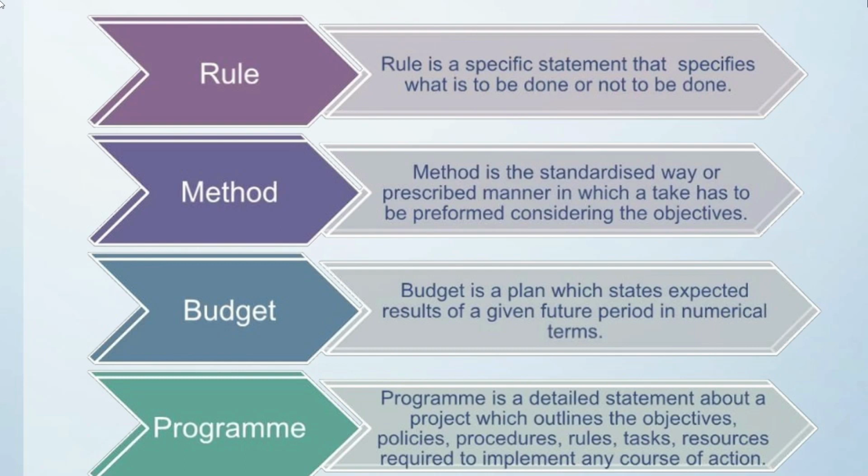They must be followed strictly, and if rules are not followed, then strict actions can be taken against employees who are disobeying the rules. Rules are spelled out to create an environment of discipline in the organization.